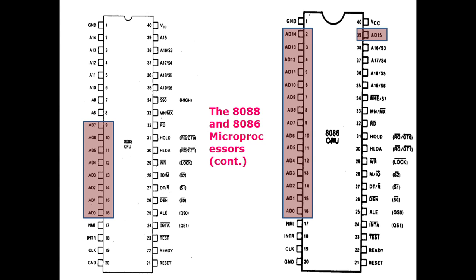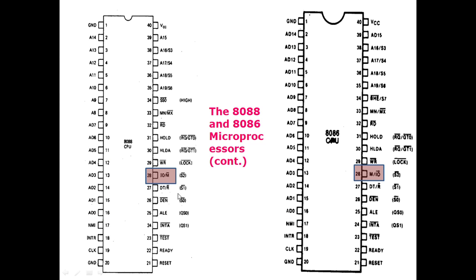By multiplexing, we mean that these pins can be used for sending a memory or input and output address as well as sending or receiving data. These multiplexed pins are represented with AD0 till AD15. So in this aspect, the difference between the two is that here the address and data multiplexed pins are 8, and here they are 16.